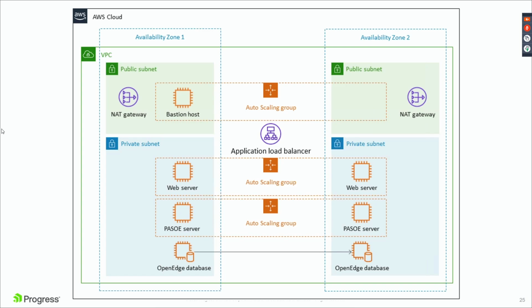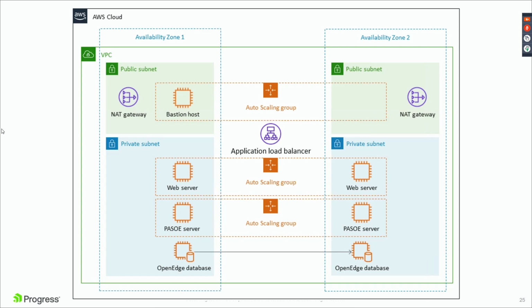So this is not a lift and shift configuration where you just run one host server and do your traditional deployment. No, this is a step further where we use AWS native services to provide high availability, scalability, and also security.